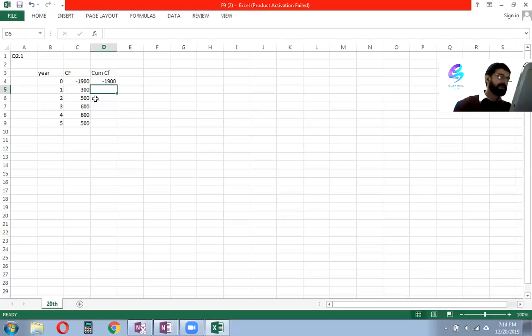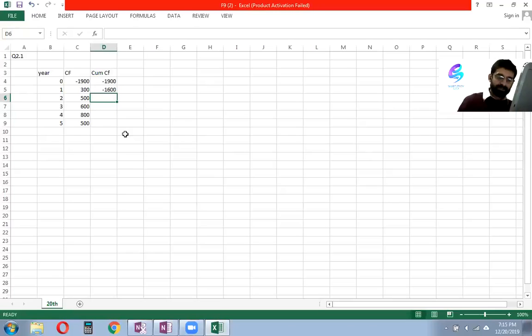Okay, so you have minus 1900 and then you got 300 after that. Now what you can do is put an equal sign here, and then add the cell D4, which is minus 1900, to 300, which will give you minus 1600.